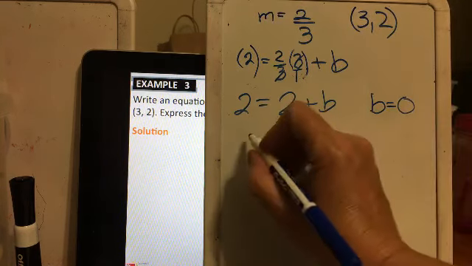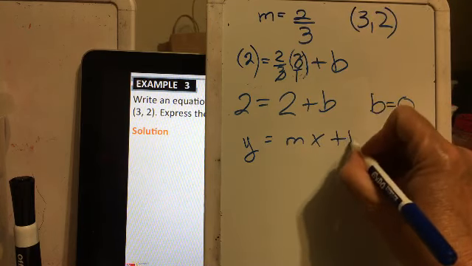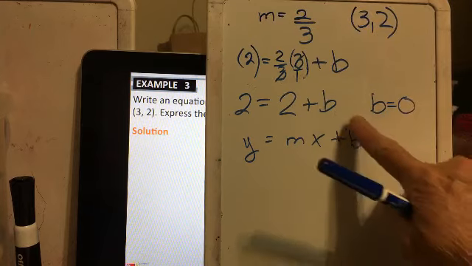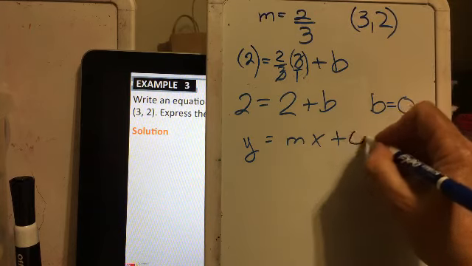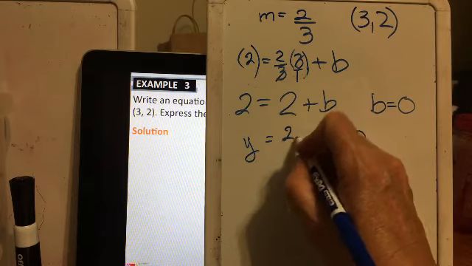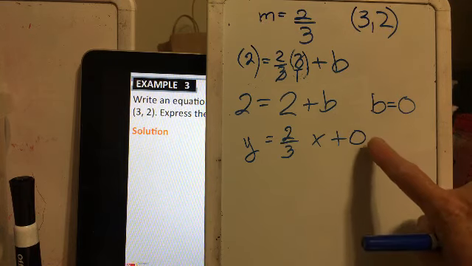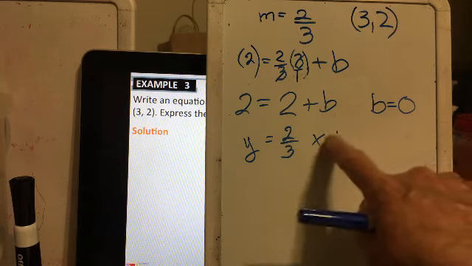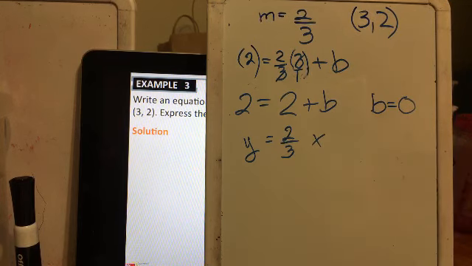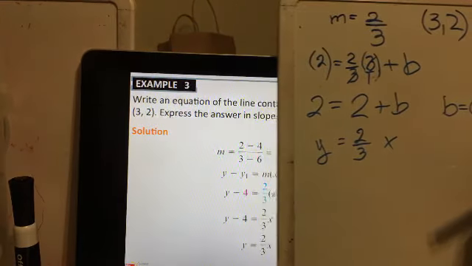So now I'm going to go back. y is mx plus b, but now I've discovered that my b is 0, and my slope was 2/3. Okay, and so y is 2/3 x plus 0, but I really wouldn't put this 0 here, would I? I would leave it off because plus 0 doesn't mean anything important. And guess what?